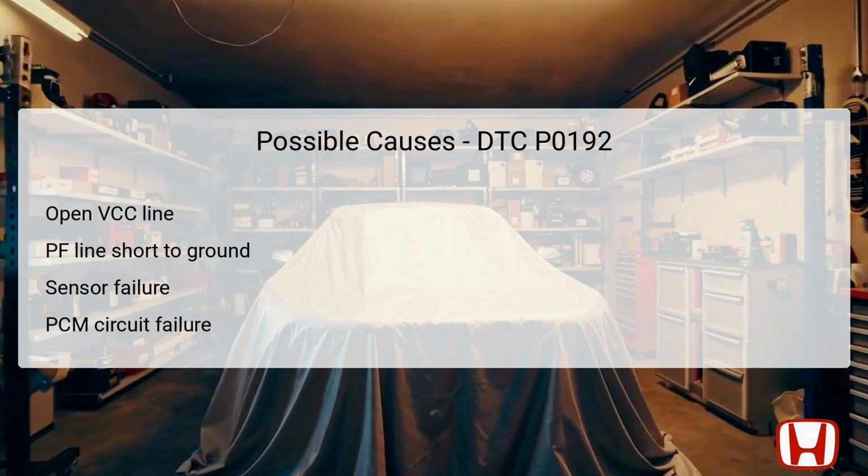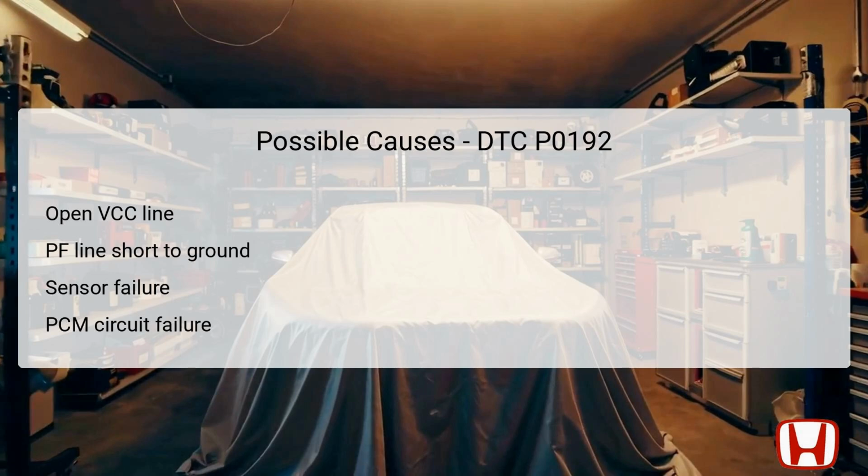This can happen when the wire insulation degrades or a connector fails. Additionally, the fuel rail pressure sensor itself may fail due to wear or internal damage, resulting in incorrect voltage outputs. Lastly, a failure in the internal circuits of the PCM can also cause this error code to be set, as the PCM may misinterpret or fail to read the sensor data correctly.